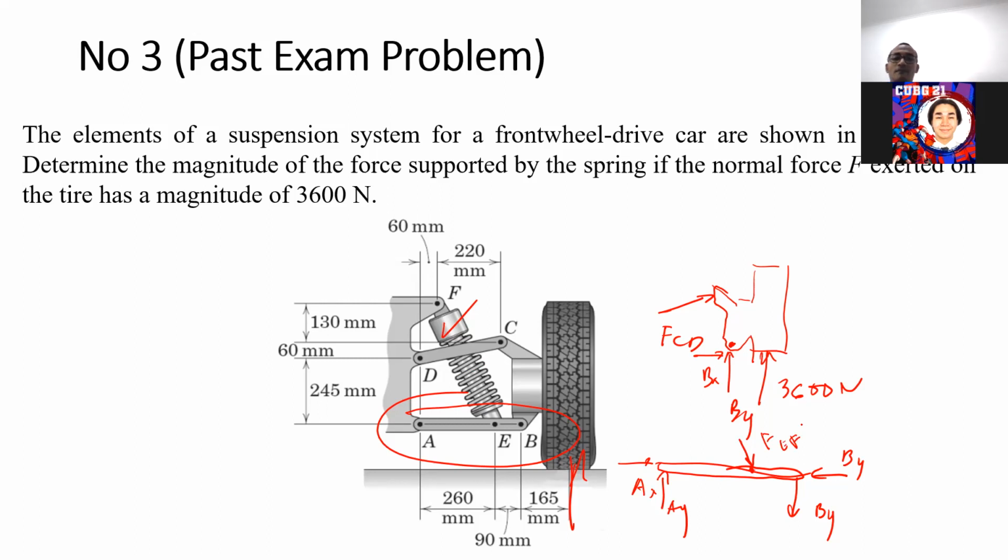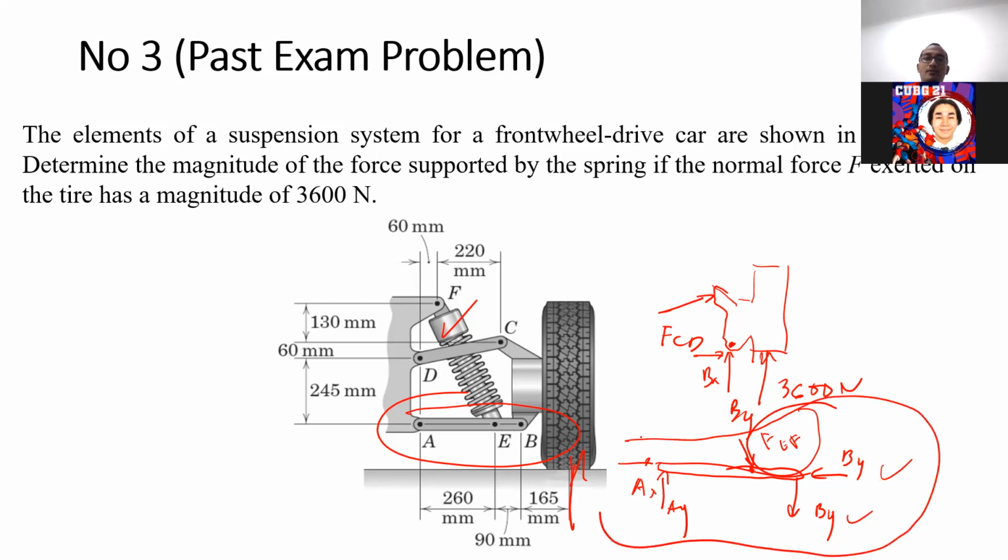Because EF we can assume as a two force member, FEF is the one we have to find out. From this free body diagram, we have 3 unknowns and 3 equations, so we can solve it. So number 3 is quite straightforward. Any question for number 3? No? Okay, in that case, I will continue.